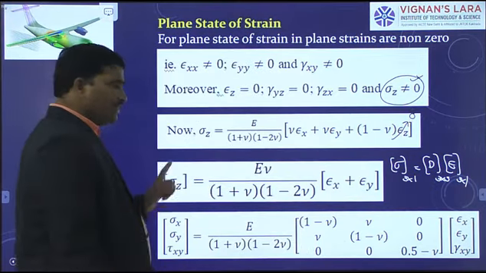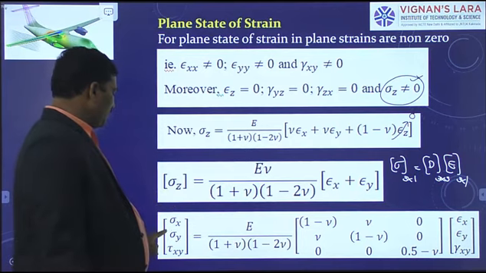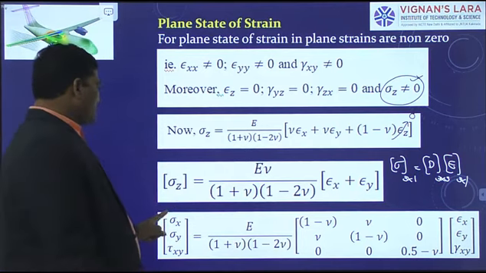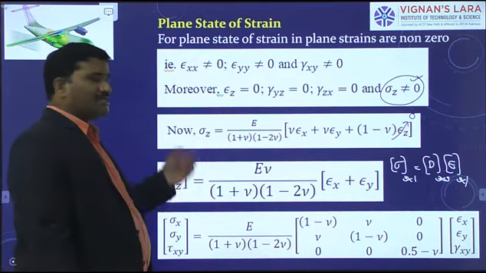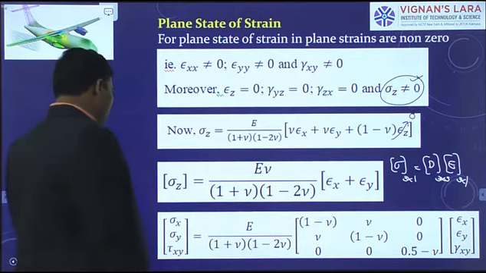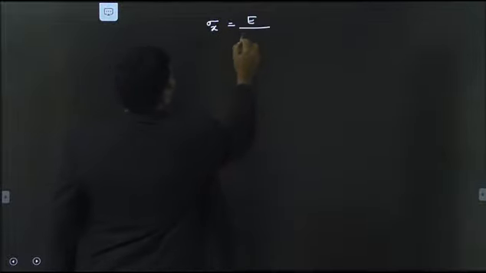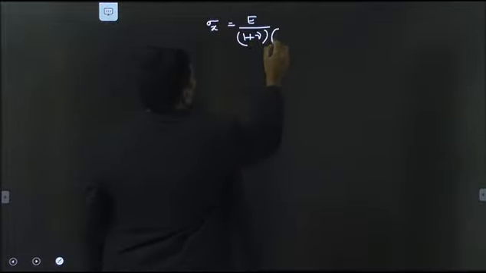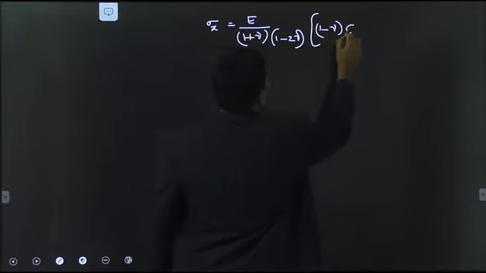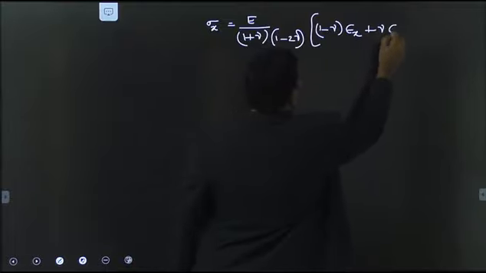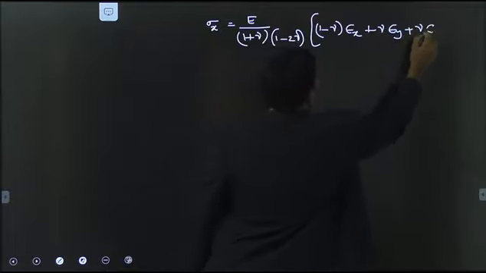Right? Now the size of this matrix D is 3 by 3. How do we get it? We get the expressions for sigma x, sigma y and tau xy. How do you get the expression for sigma x? From the stress-strain relations of three-dimensional state of stress, we get sigma x or sigma xx equals E by 1 plus nu into 1 minus 2 nu, into 1 minus nu into epsilon x plus nu into epsilon y plus nu into epsilon z.